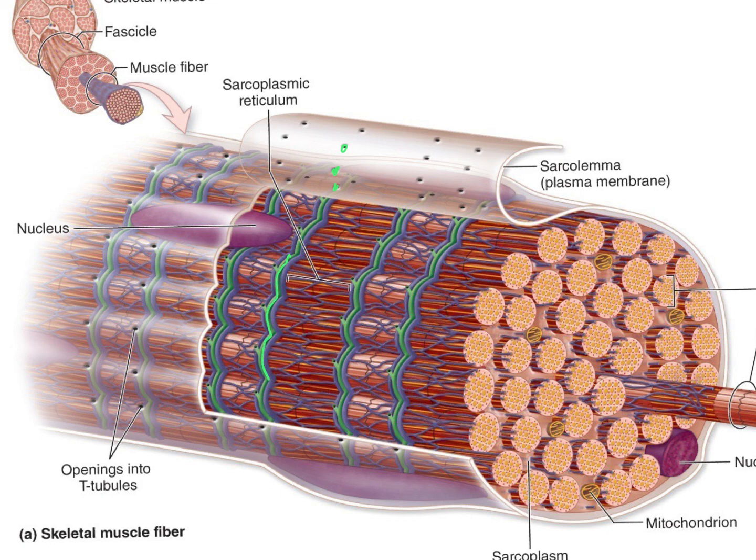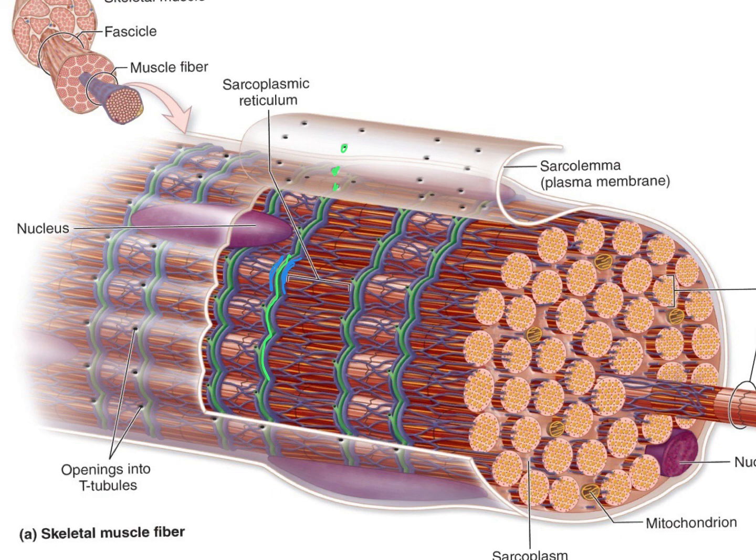See that? Okay? And then on either side of the T-tubule is a terminal cisterna of the sarcoplasmic reticulum, giving you your triad. Okay? And if you notice, they line up over the bands. Dark bands, light bands, dark bands, light bands.